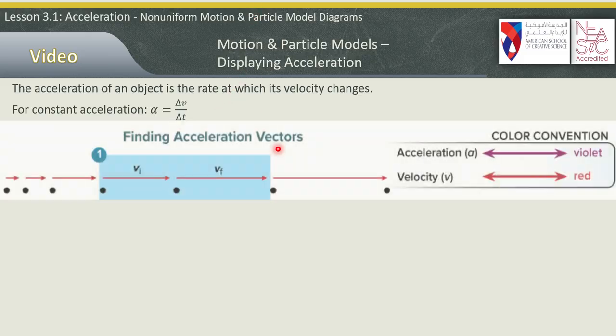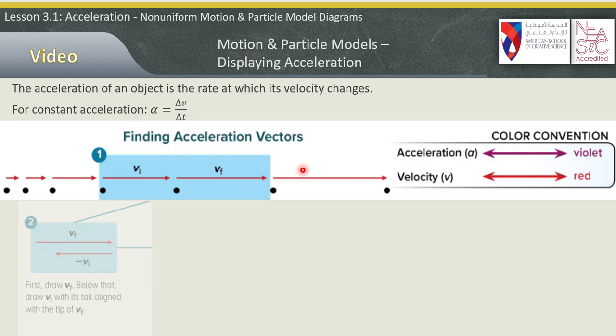Now, in this figure, we can see a particle motion diagram for an object with increasing velocity. Notice that the red velocity vectors get longer from left to right. Now, to draw the acceleration vector, first draw the final velocity Vf.